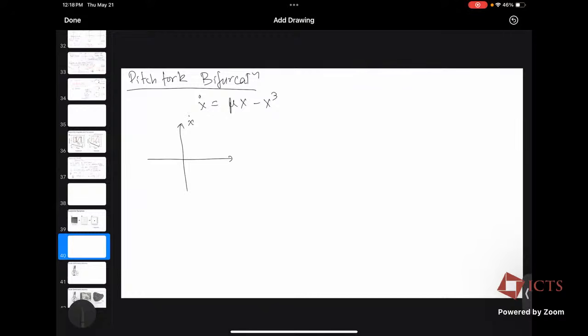So you have x dot versus x. This is going to be for mu less than 0. Well, sure, let's also do mu equal to 0. Why not? For mu greater than 0.